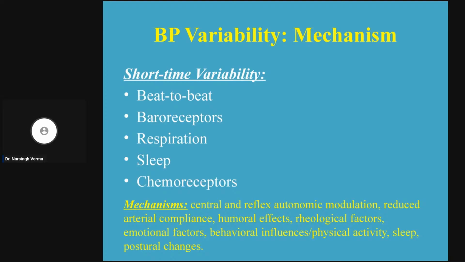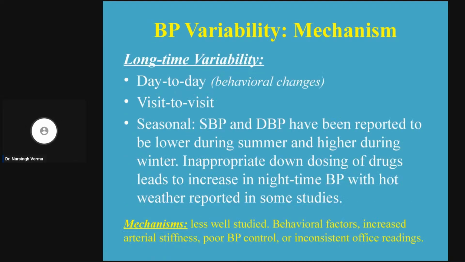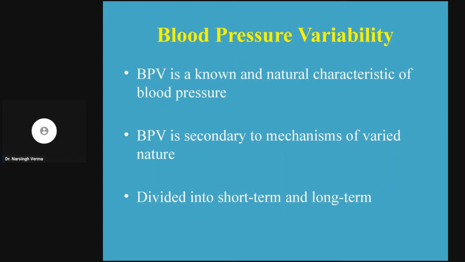This short-term blood pressure variability is very important. And this is beat to beat and baroreceptors that I have already talked about. When we talk about short-term blood pressure variability, this becomes very important, and this variability is a known and natural characteristic of the blood pressure curve.